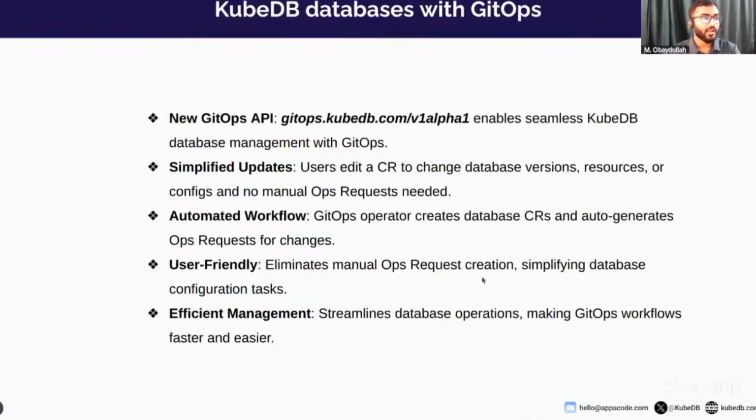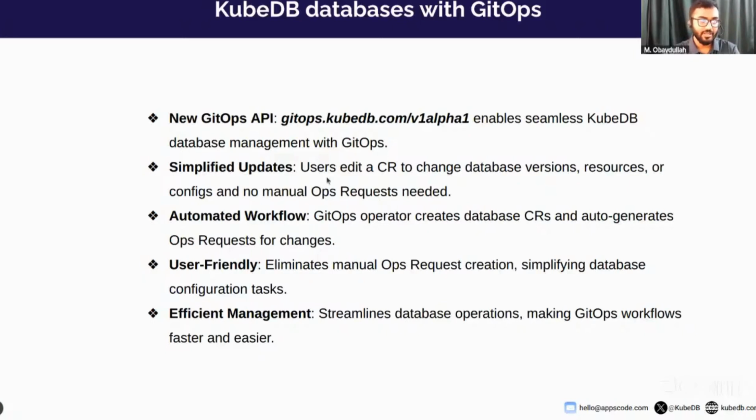Then how can we integrate GitOps with our KubeDB databases? New GitOps API. We have introduced a new API, gitops.kubedb.com v1alpha1, designed specifically for GitOps for our KubeDB databases. This API lets you manage KubeDB databases directly with your GitOps. You can use tools like FluxCD, ArgoCD for that. Then simplified updates.